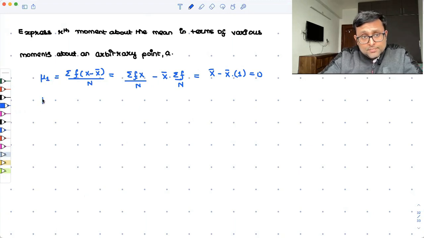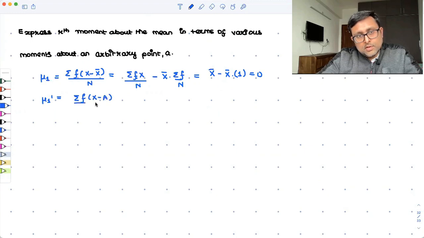Mu1 dash, that is the first moment around an arbitrary point, let's say. So it is summation of f into x minus a upon n.